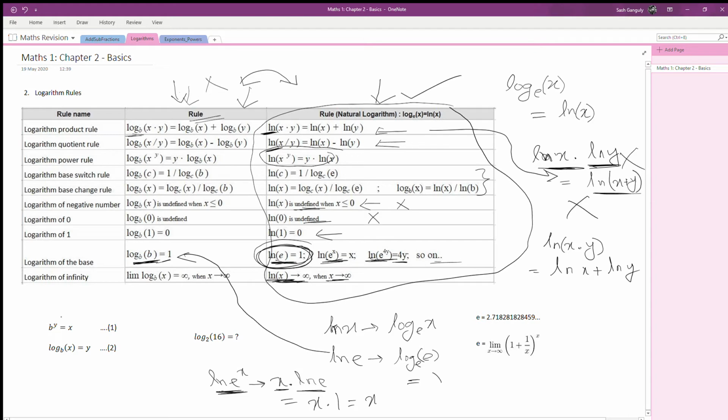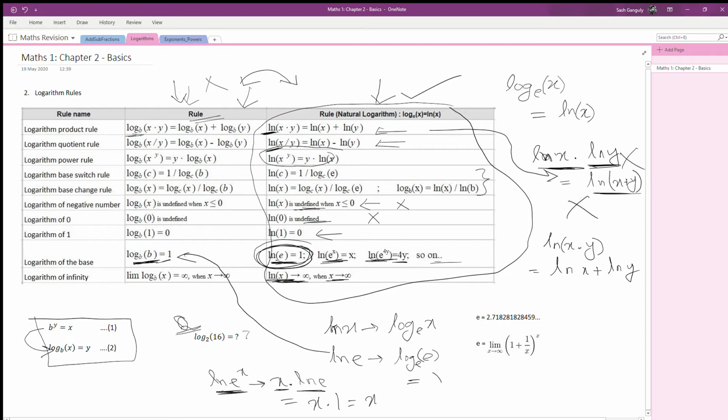This part is, if I have b to the power y is equal to x, then its log form is this: log base b of x is equal to y. Now let's look at this with the help of an example. Let's say I have a question, and the question is, what is log base 2 of 16 equal to, right?